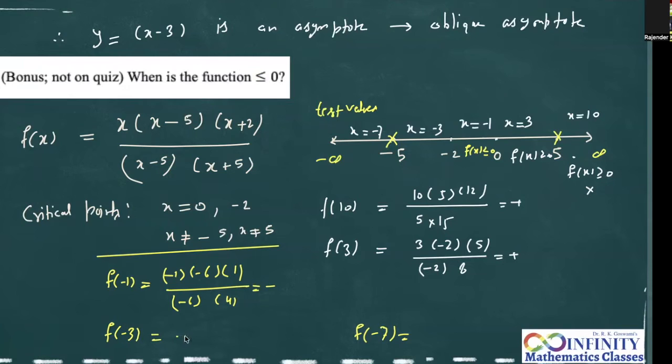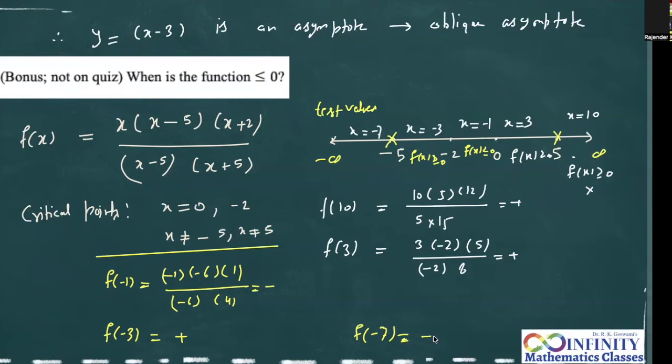Are you sure? That would be positive. So you are telling me it is positive there. Okay, tell me f(-7). That will be negative there. Are you sure? Perfectly okay. So I'm just counting on you. I have not calculated. So it is going to be f(x) less than or equal to 0.